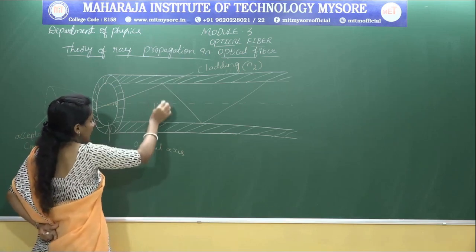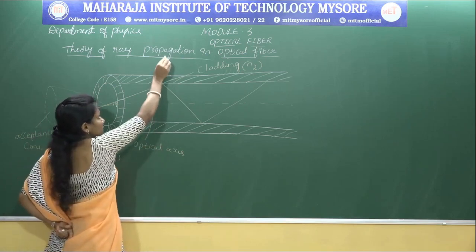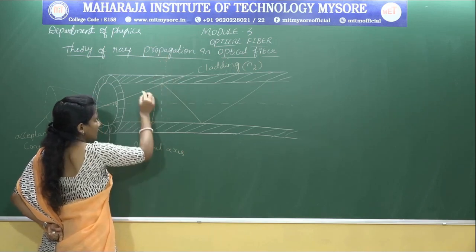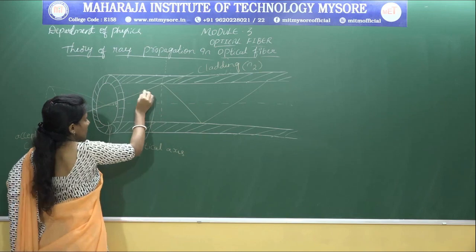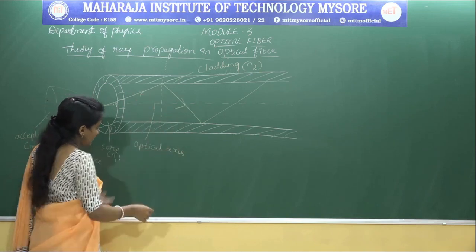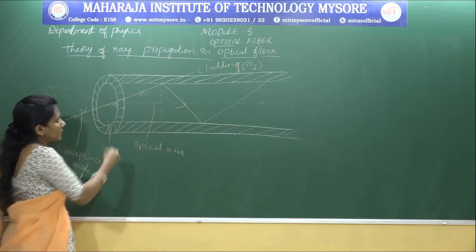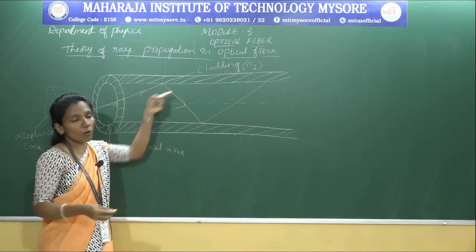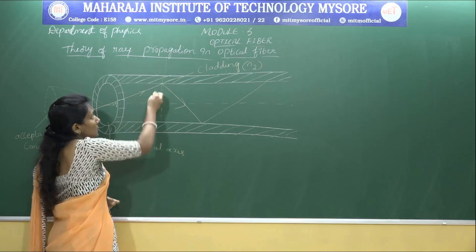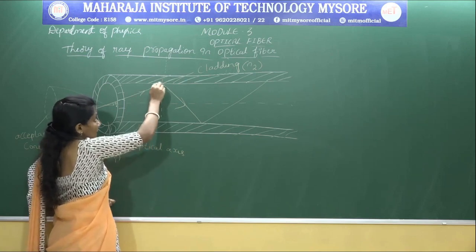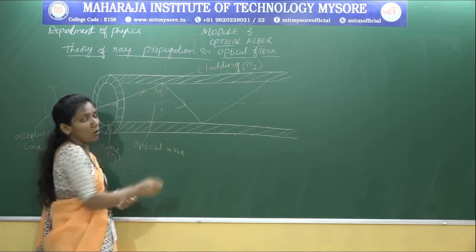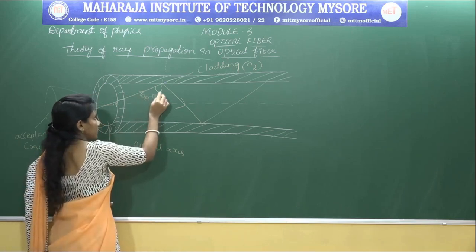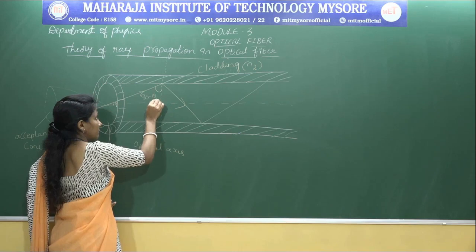And the ray of light which is here, normal to the normal line, it is reflecting here. Then the ray of light that will enter inside the optical fiber makes an angle of 90 minus theta 1 with the normal line.